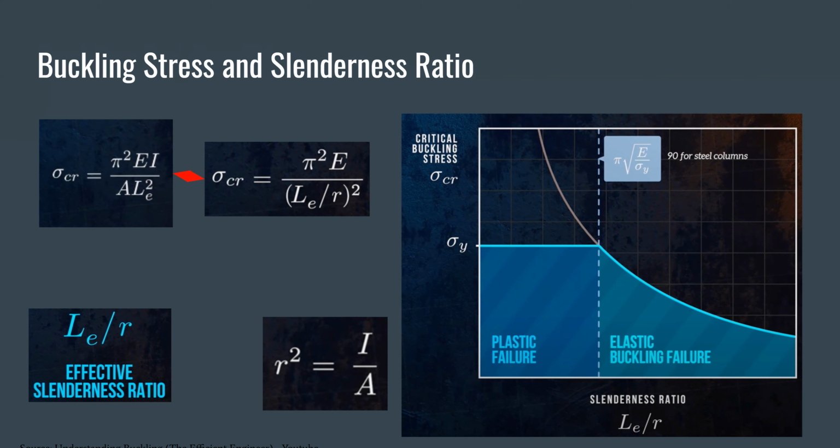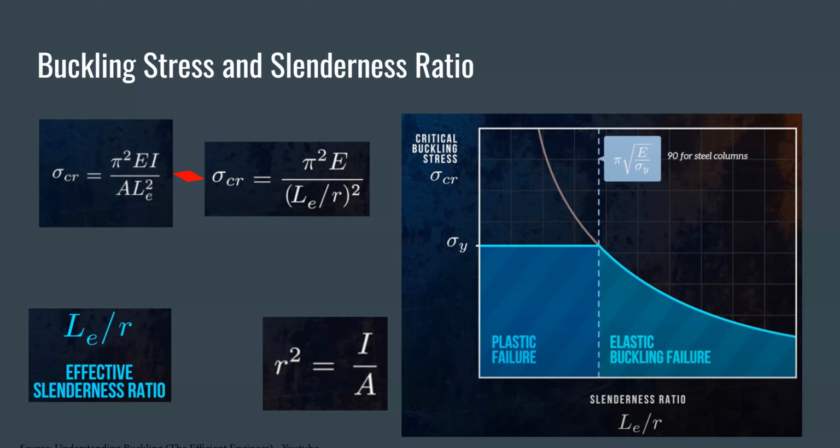For the critical stress equation, it defines the radius of gyration as the square root of I divided by area A. The new equation will be the right one. The term effective length divided by r is the slenderness ratio.